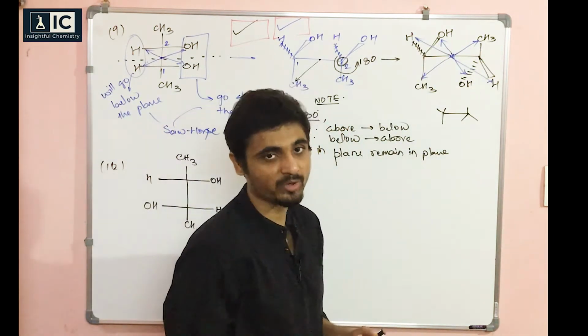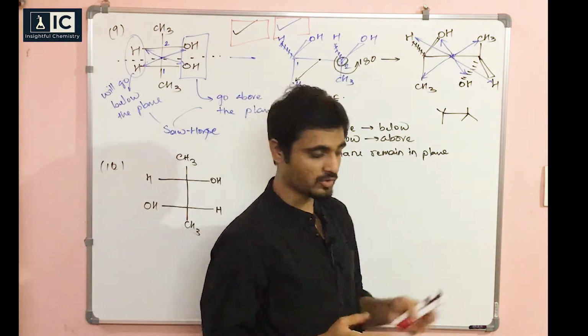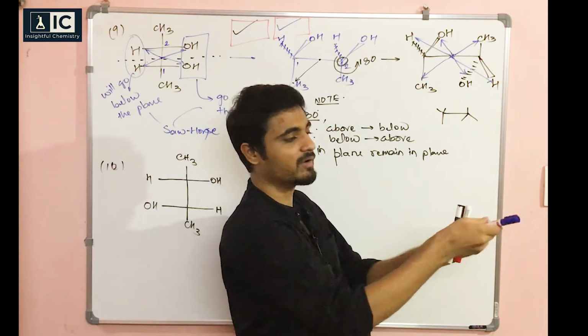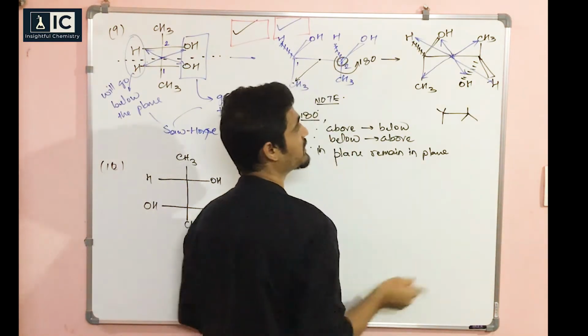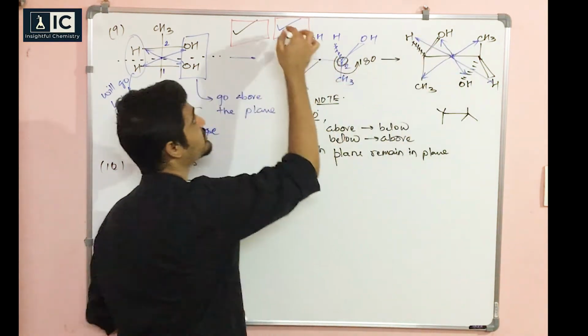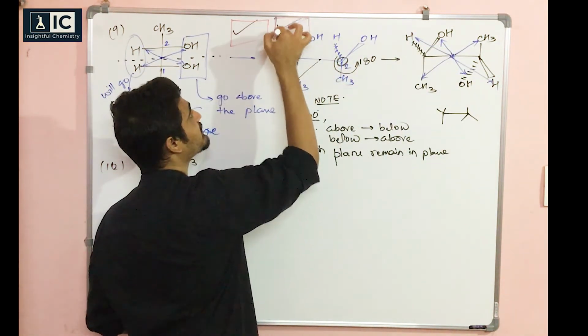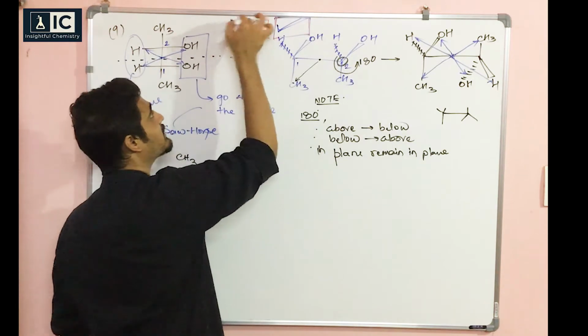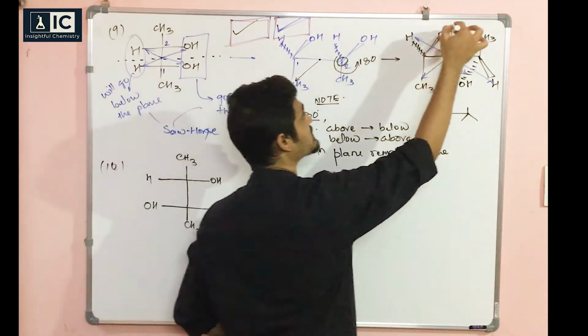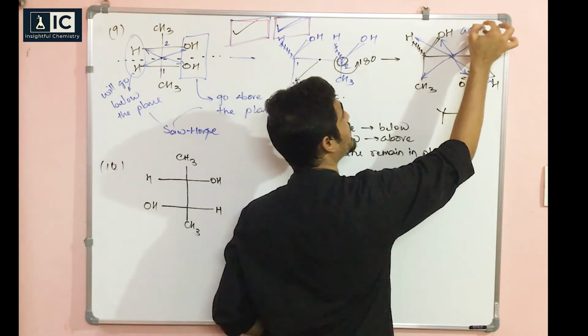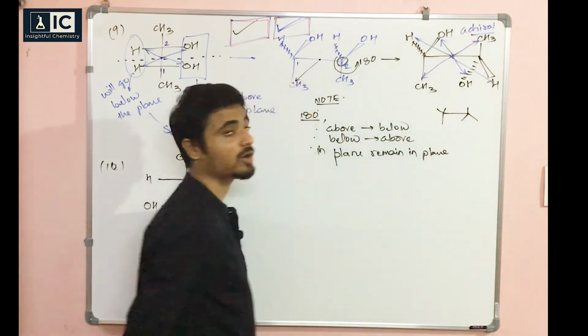I hope that point is clear. If you are moving above the plane, its 180 degree will be behind the plane, so I am getting everything. So center of symmetry will be there and plane of symmetry is also there. Therefore this molecule is achiral or optically inactive.